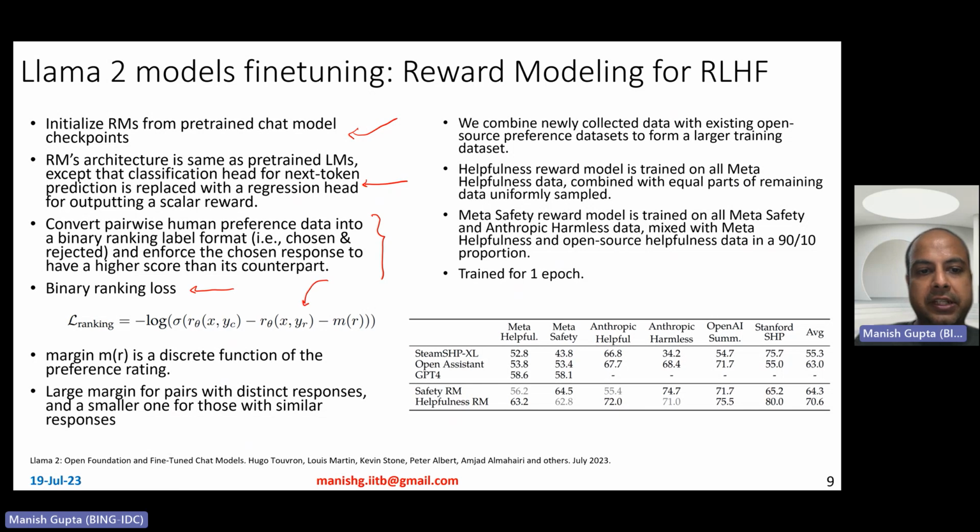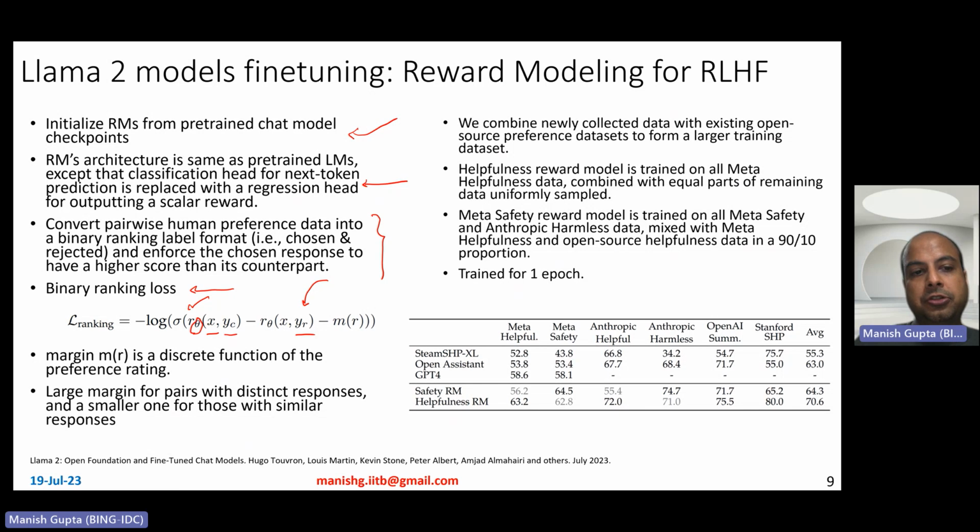So X is your input, YC is the chosen response, YR is the rejected response, and R is your reward model score. R theta, where theta is the reward model parameters, and R is the reward score.